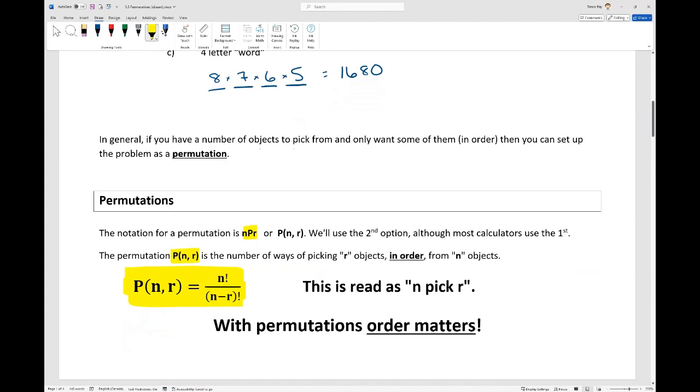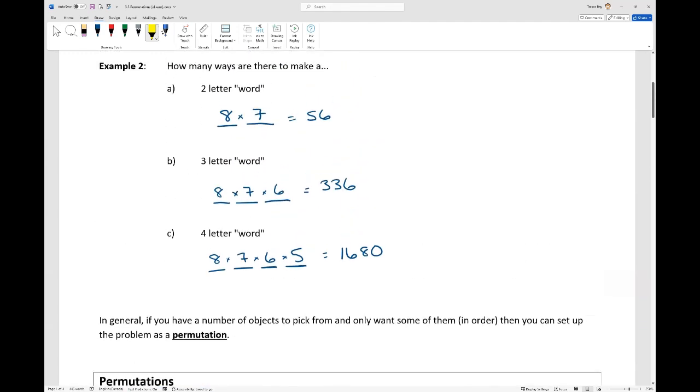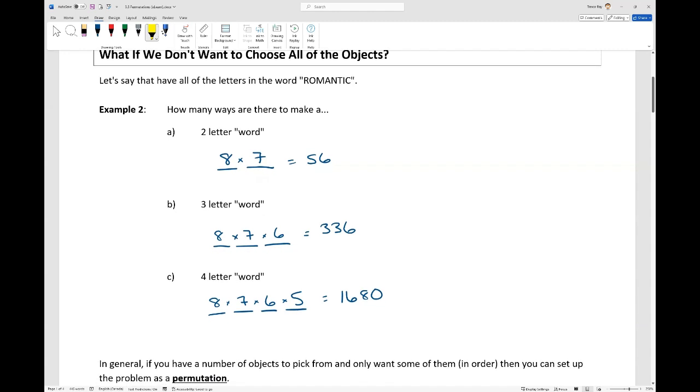And for our purposes, and you may not see this necessarily in other books or courses, we're going to refer to that as n pick r. So in this case, with a 3-letter word, for instance, it would be 8 pick 3. And a reminder that when we're doing these, the order matters. Whether I choose the letters ROM from romantic, or MOR, or ORM, or OMR, I think I'm getting a bunch of them mixed up here.